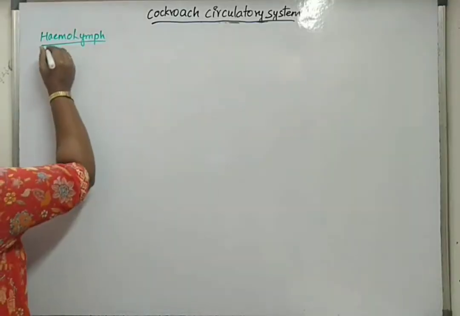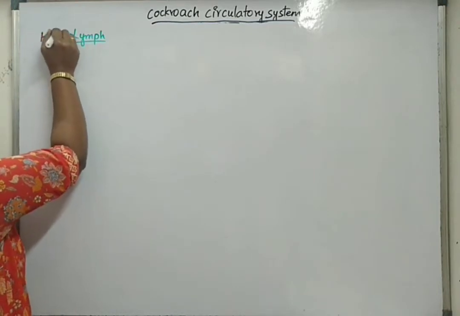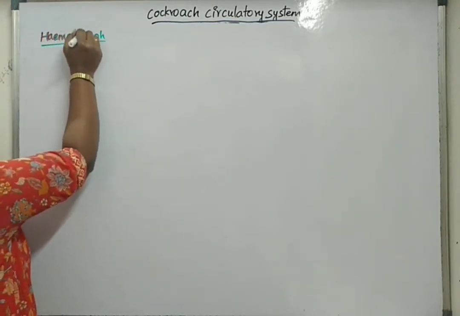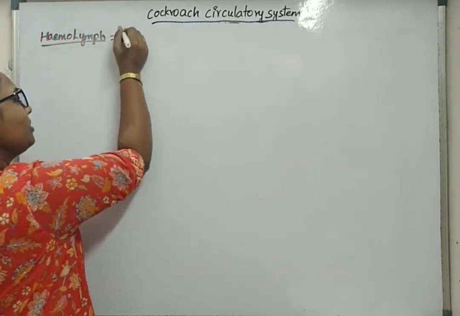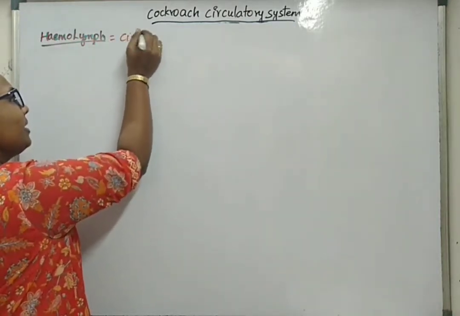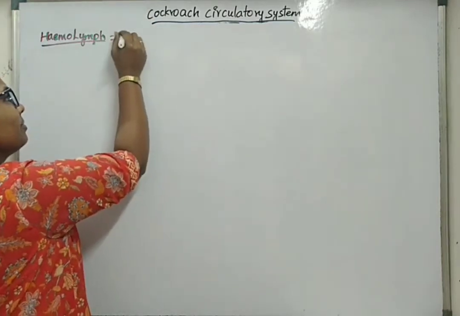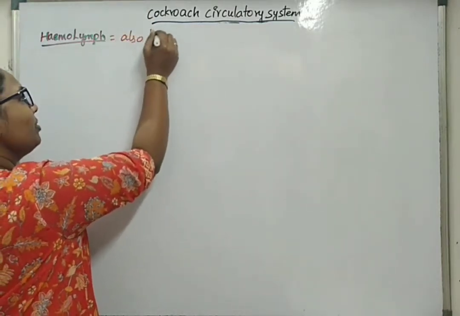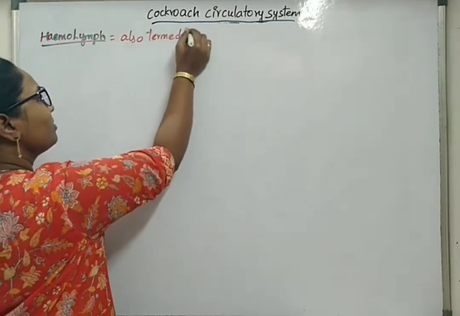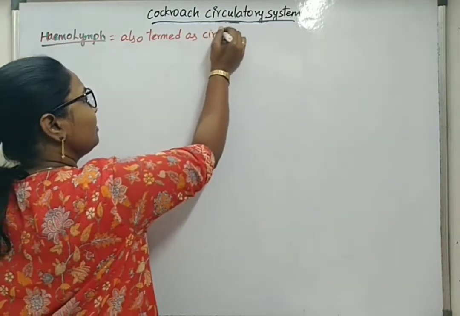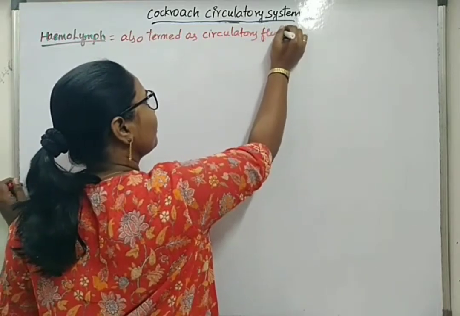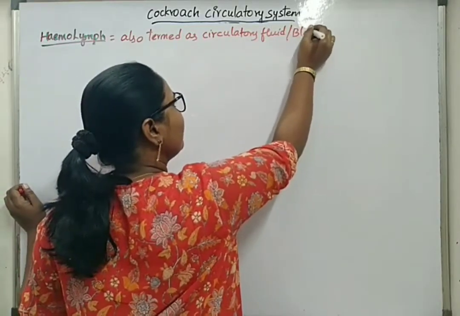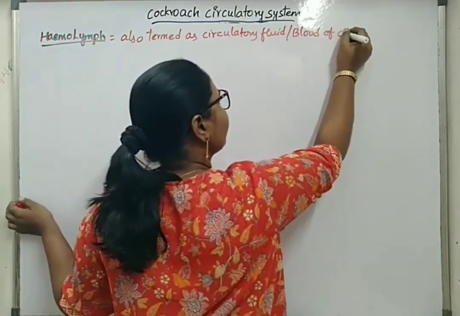Last part of circulatory system is hemolymph. This one is also termed with other terms like circulatory fluid, or blood of cockroach.